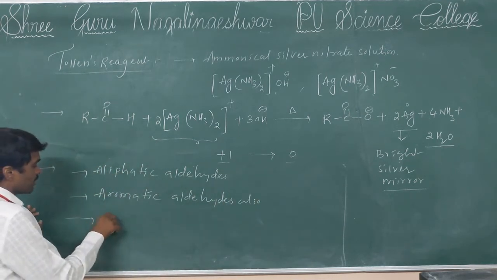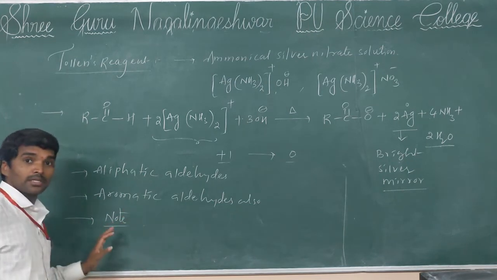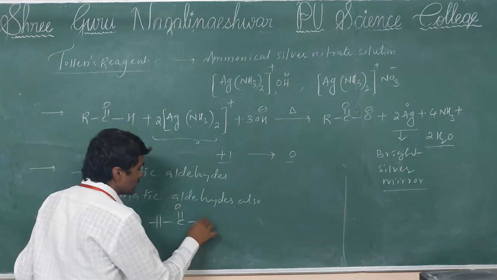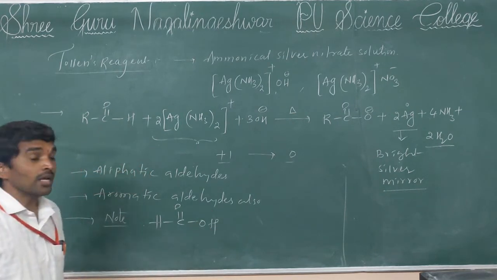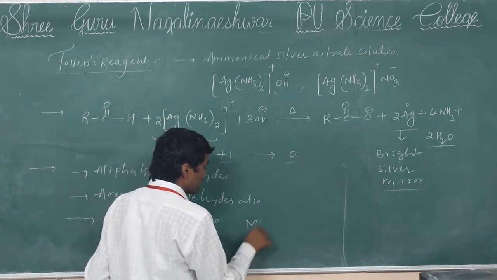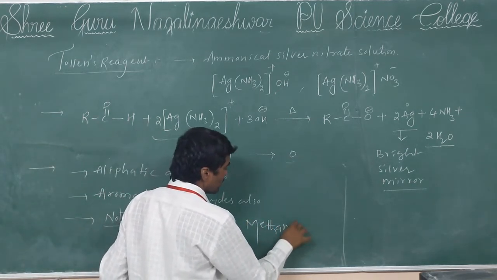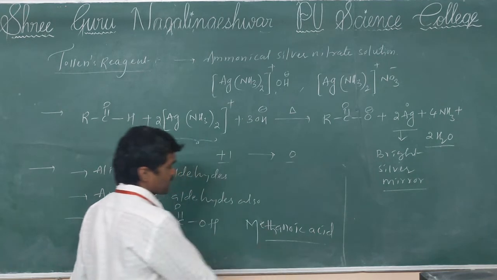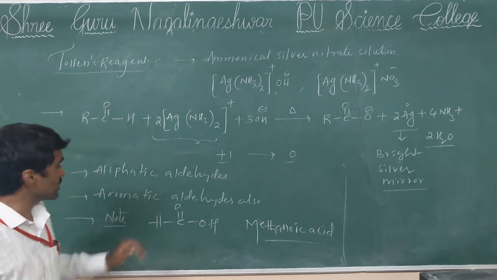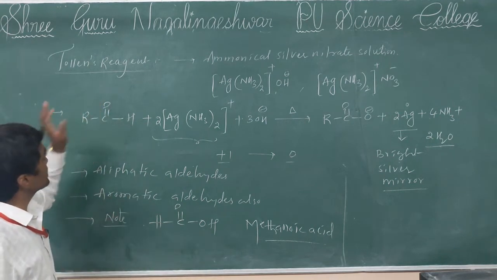And the very important note you remember: formic acid, actually this is a carboxylic acid. Carboxylic acid also gives, that is, what is this? Formic acid, otherwise we can say methanoic acid, formic acid also gives the positive Tollens test.